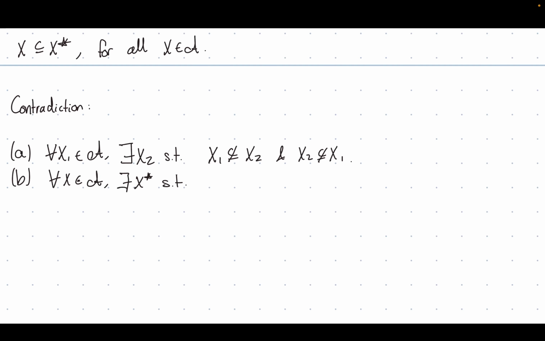So, for all big X in script A, there exists some X star such that X is a subset of X star.